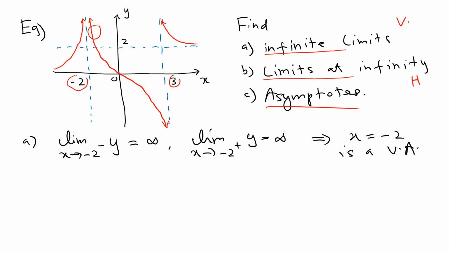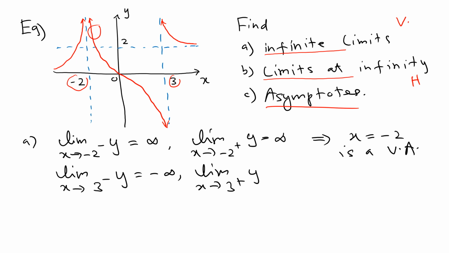And then also you can see limit x goes to 3 from the left side, the function y goes to negative infinity, and the limit x goes to 3 from the positive side, y goes to positive infinity. When you go from the positive side, it goes to positive infinity.